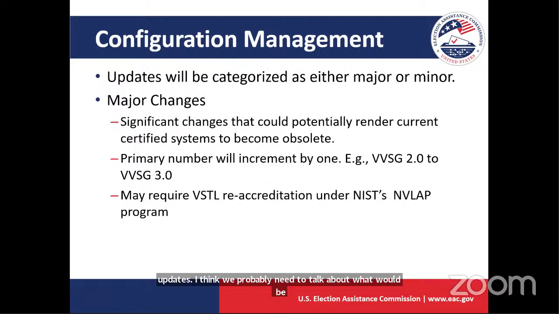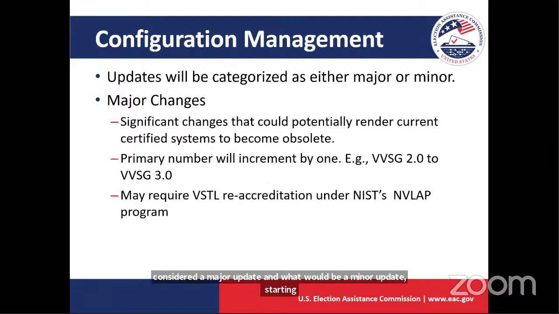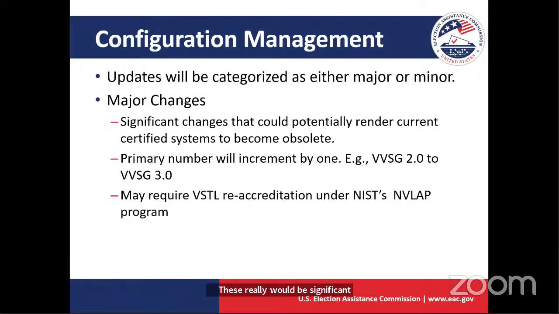these really would be significant changes, and significant to probably just about all stakeholders, manufacturers, labs, election officials, and other interested parties. And would also affect some field certified systems that could potentially render certified systems obsolete.